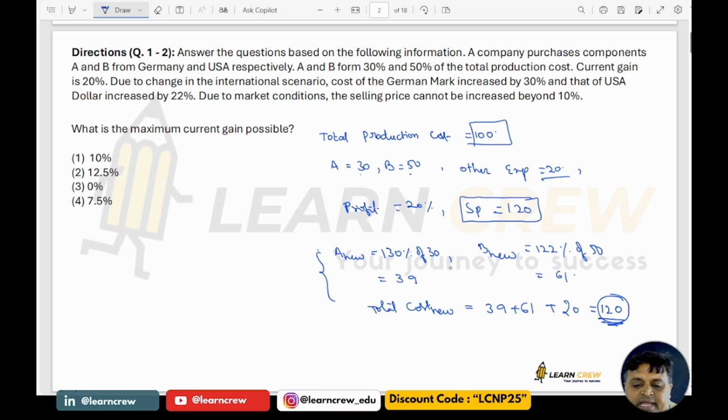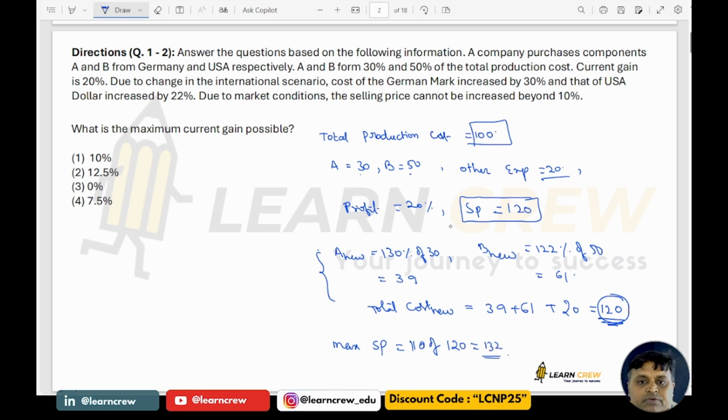And it is given that the selling price cannot be increased beyond 10%. So maximum profit would be 10%. So maximum selling price would be how much? 110% of 120, which is 132.